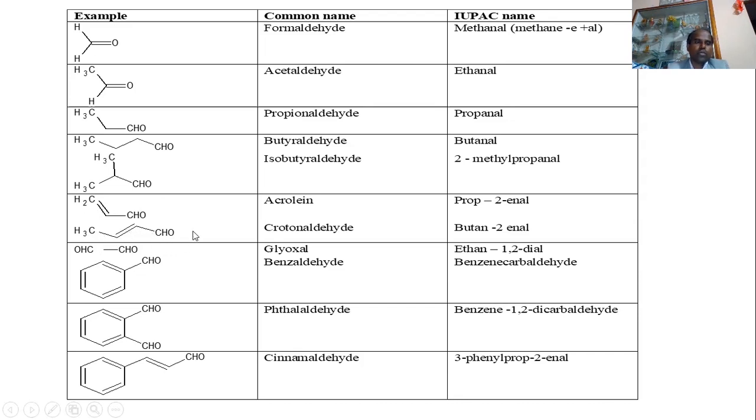for this molecule, we have to number from this carbon, the aldehydic carbon, that is 1, 2, 3, 4. That means at second position, the ene functional group is there. So ene is the substituent. This is the parent functional group. So now, since it contains 4 carbon atoms, the 4 carbon containing alkane is butane.